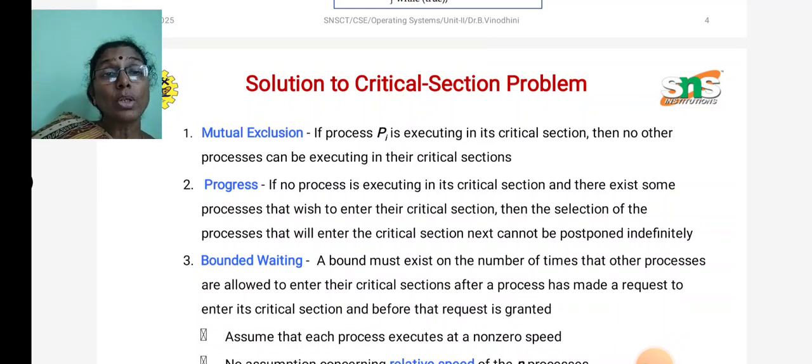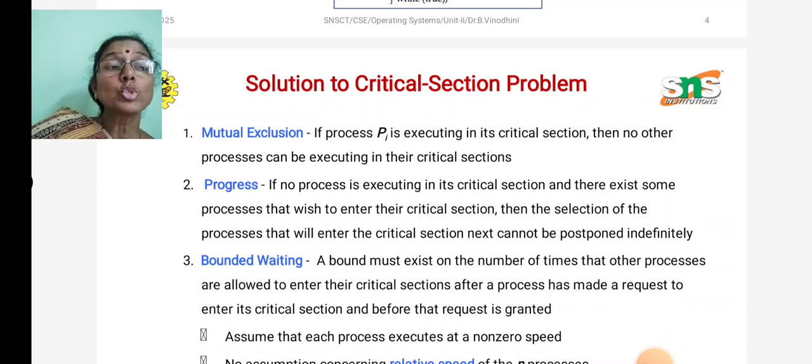Next is progress. What does progress mean? If no process is executing in the critical section and there exist some processes that wish to execute in the critical section, then the selection of the process that will enter the critical section next cannot be postponed indefinitely.